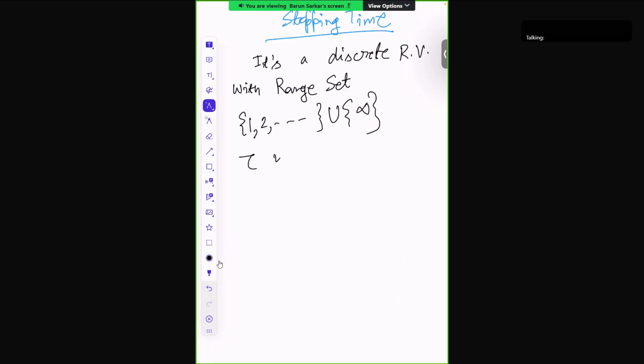Tau is a stopping time with respect to the filtration Fn if for each n, 1, 2, and so on, the event tau equal to n is Fn measurable.